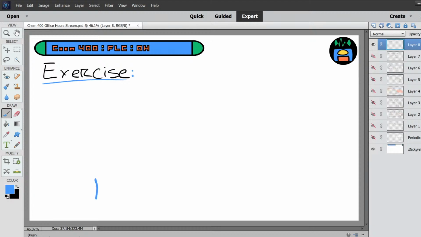So exercise what? Exercise 2. There was a problem in exercise 2 that asked you to name this compound. And this is, again, an ionic compound. Our cation's name is lithium.